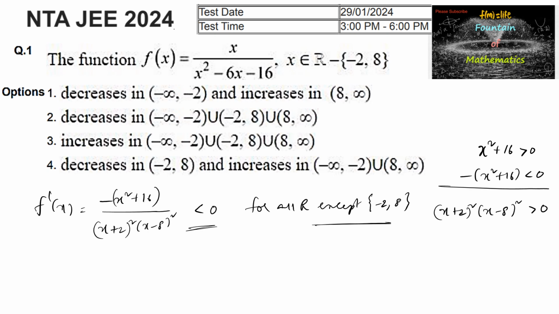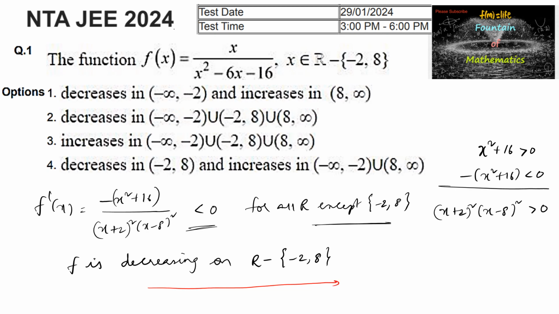So we can conclude the function f is decreasing on R minus {-2, 8}, or this can also be mentioned on a real line from minus infinity to plus infinity, except these 2 points, minus 2 and plus 8, entirely it is decreasing.